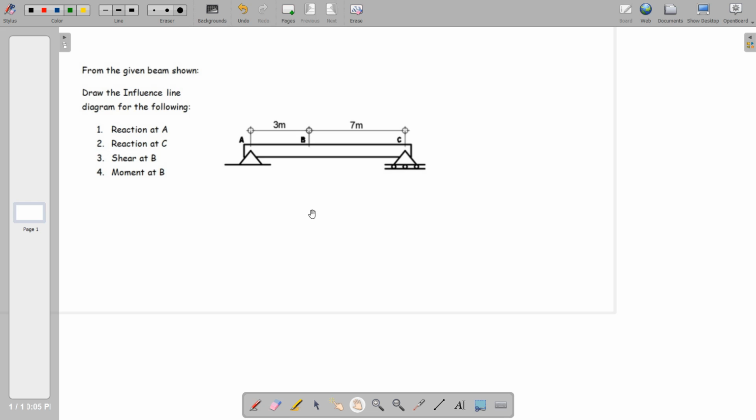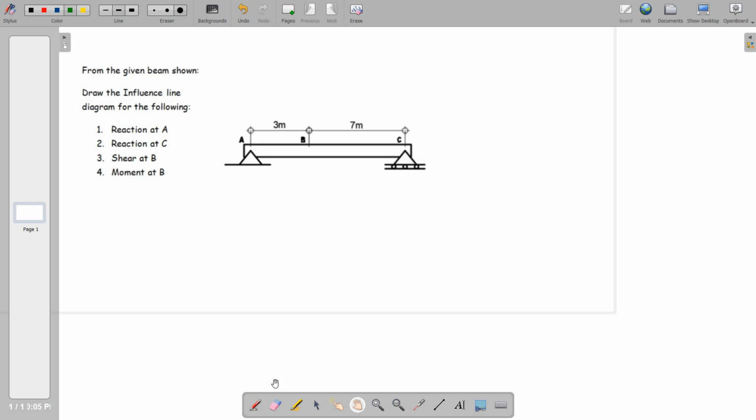For problem number 1, we have a simply supported beam with the following dimensions and locations of points A, B, C. The beam has a total length of 10 meters.